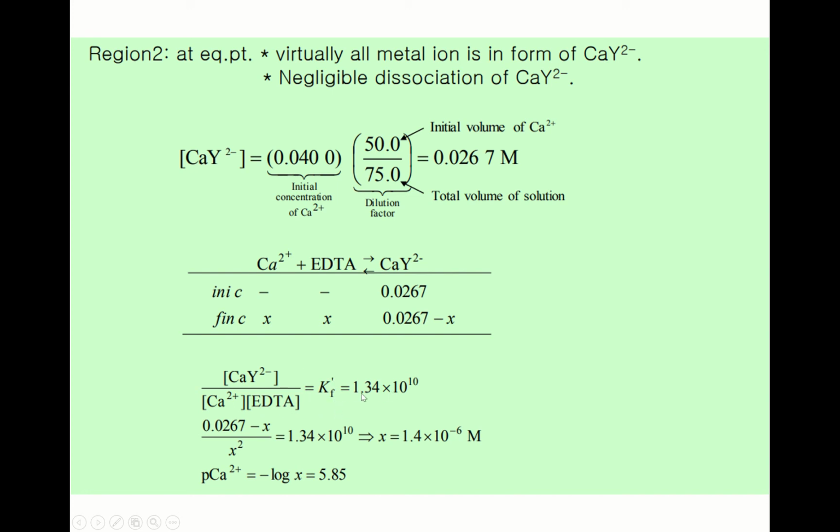It is given this way, and we can simply solve this equation and get the free calcium ion, which is the same as the free EDTA concentration, 1.4 times 10 to the minus 6 molar, and pCa becomes 5.85.